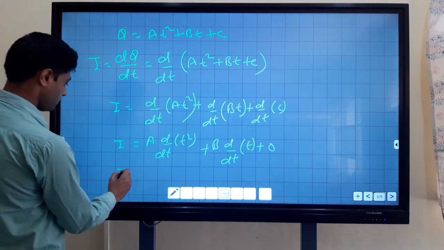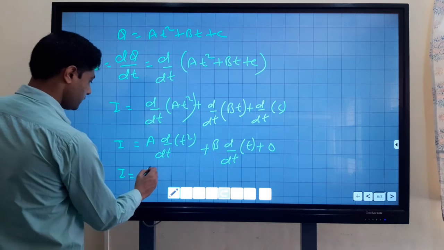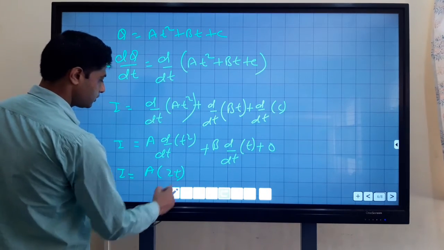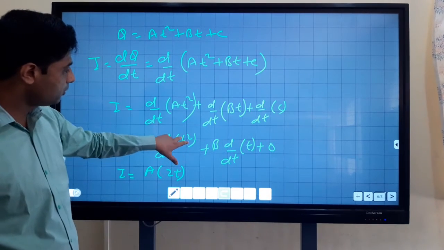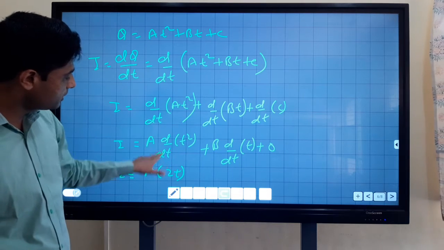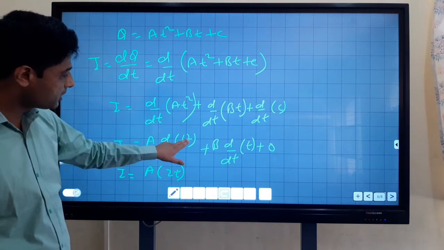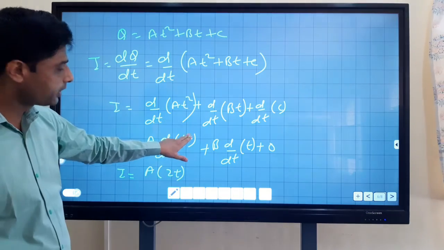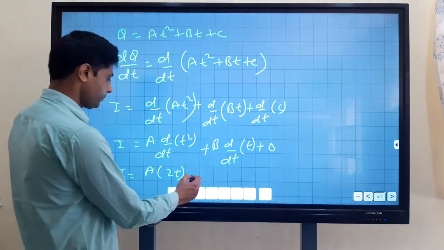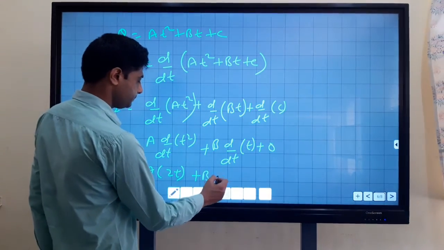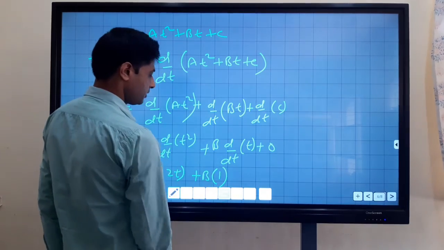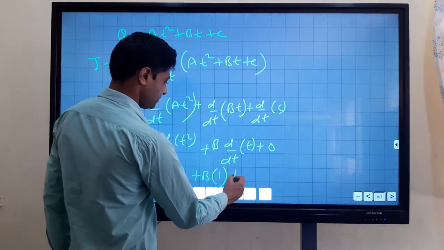It means I equals A into 2t. Differentiation of t square is 2 into t, the power of t decreases by 1, so 2t, plus B into 1, and 0.